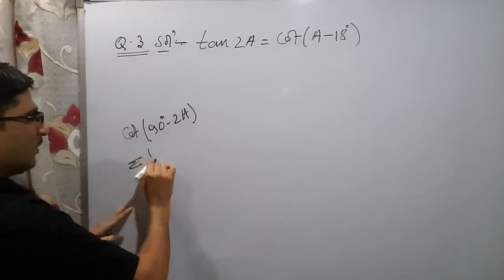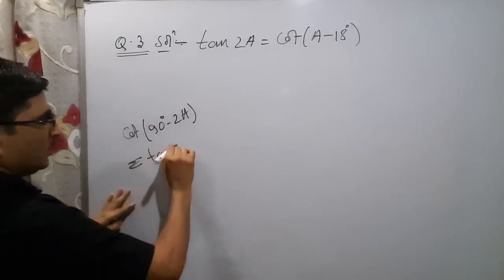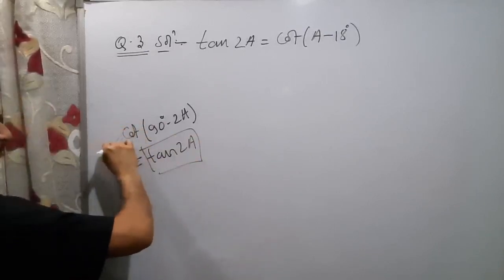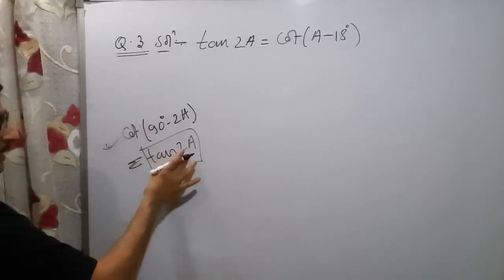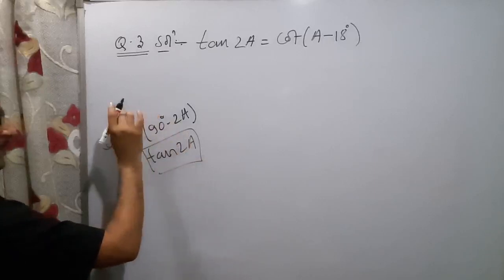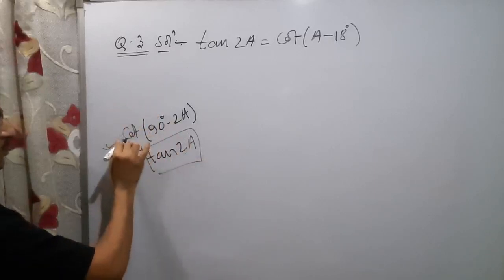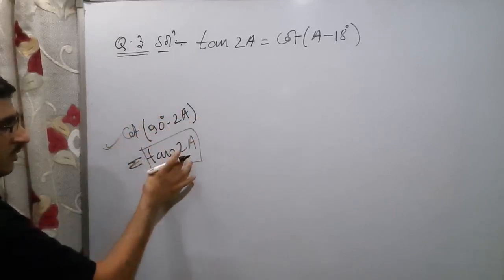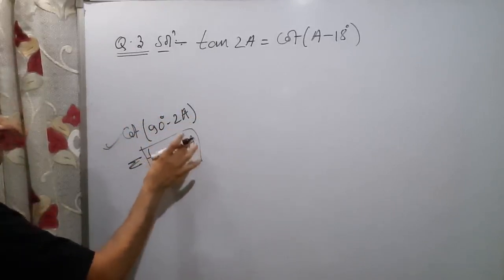That means it is tan 2a. So we write tan 2a in this form. That means tan 2a can be equal to cot 90 minus 2a, since cot 90 minus 2a equal to tan 2a.